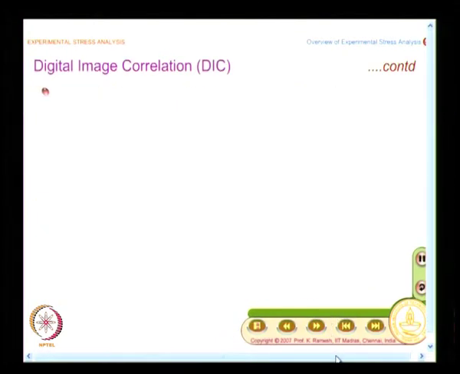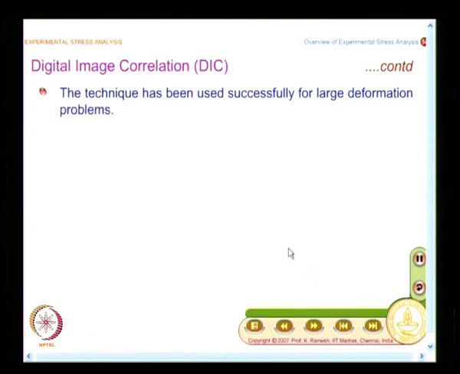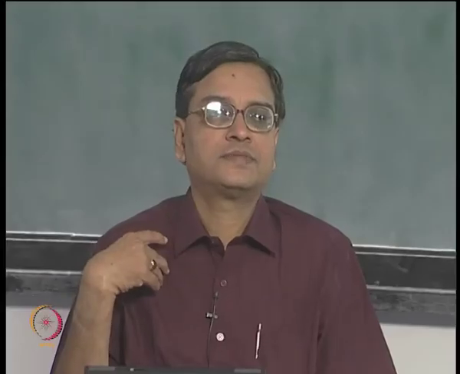And what I have here is that for large deformation problems, the technique has been used successfully. That is how people start. We have seen when we looked at Moiré, people had grid methods, and then from the grid method they graduated to having the grid, putting a circle inside, and looking at the stress direction.